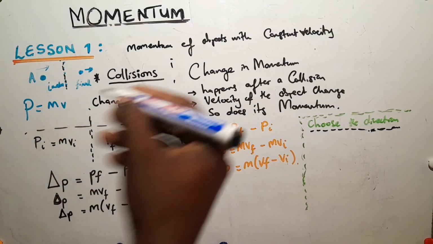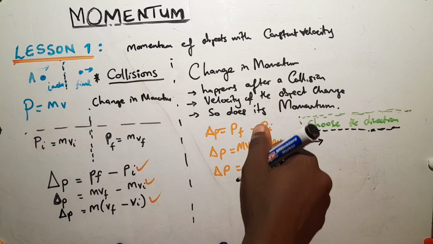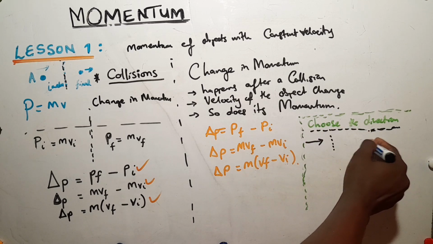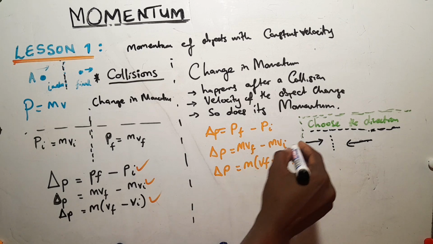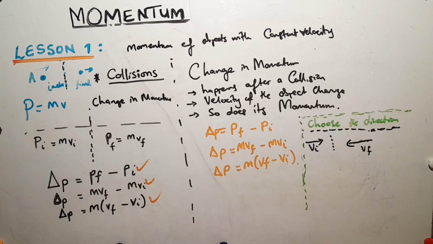For example, we can have a situation where something was going to the right, and then after the collision, it bounced back and starts to move to the left. So this was our initial velocity and this is our final velocity.